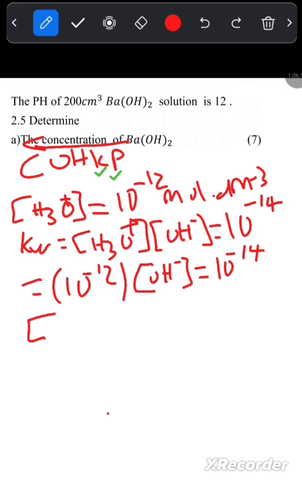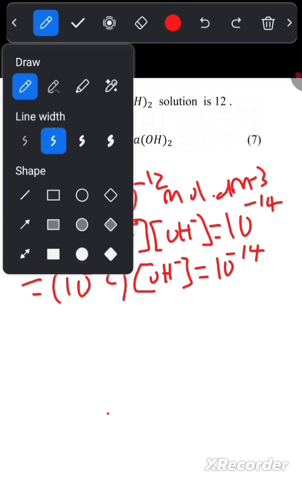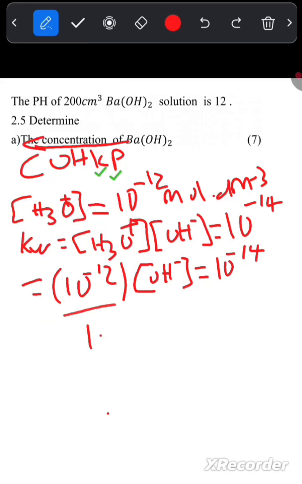Then the constant, you divide both sides by 10 to the power negative 12.